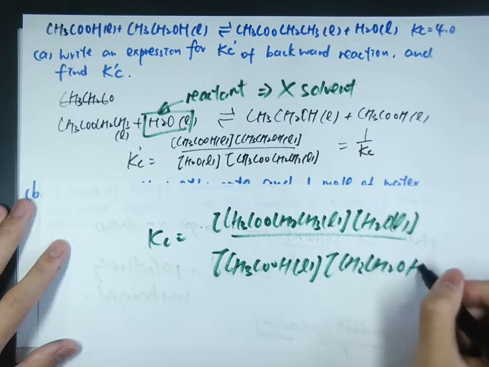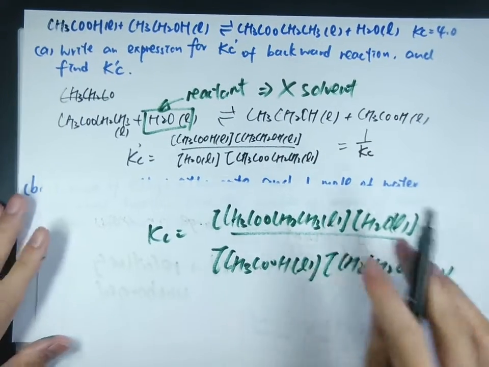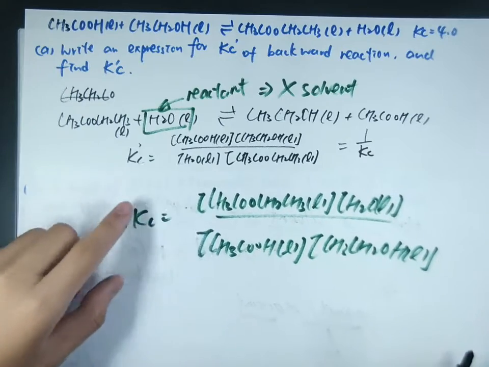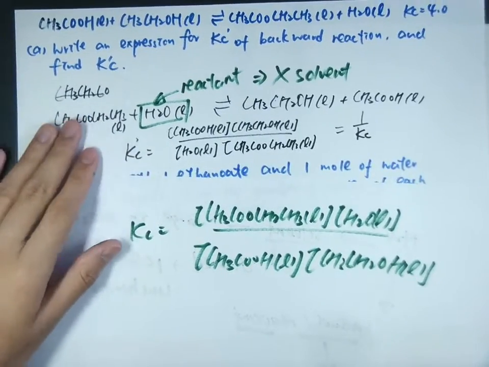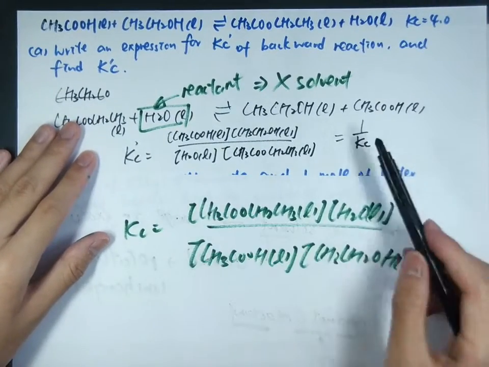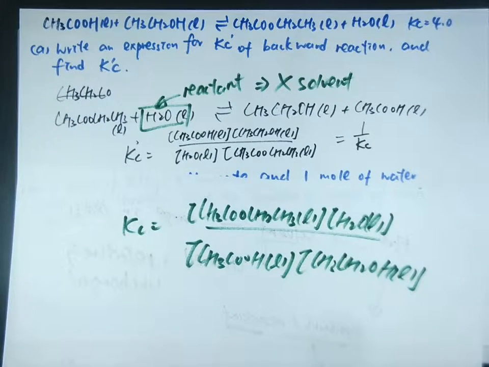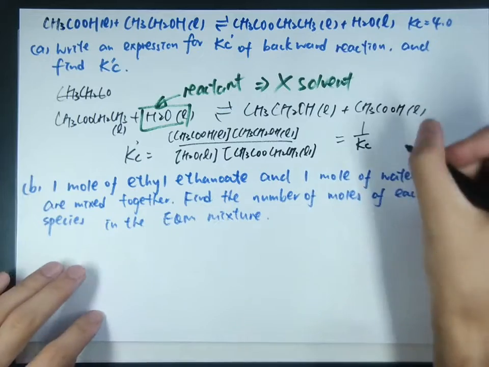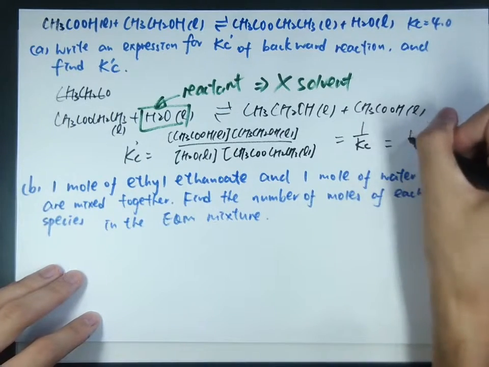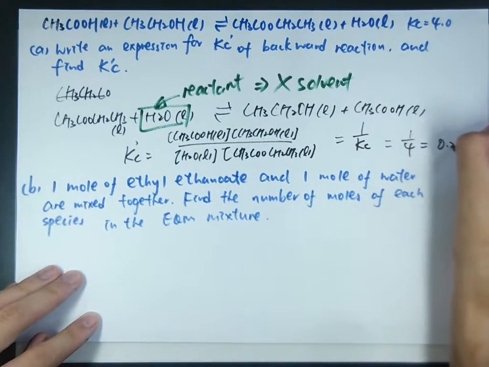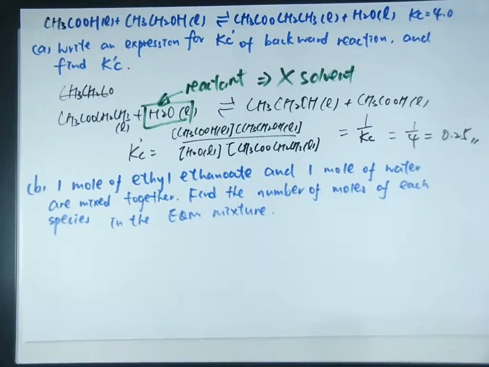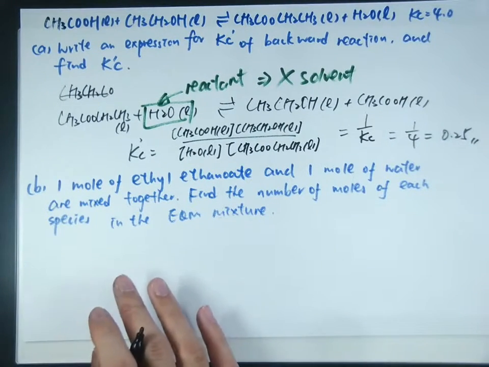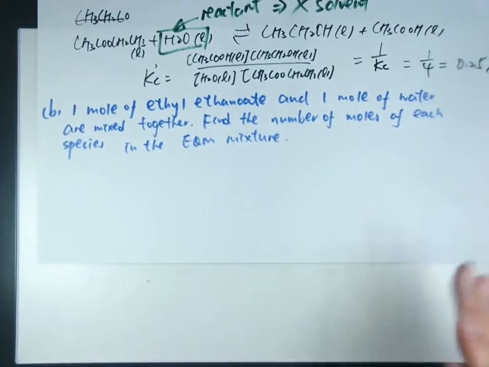So can you see that it is actually the reciprocal, so K prime c would be 1 over Kc. Okay, can you see that? So now we can just substitute the value of Kc, which is 1 over 4 equals 0.25, and done. Okay, so now we have completed the first part. Part A we have done.